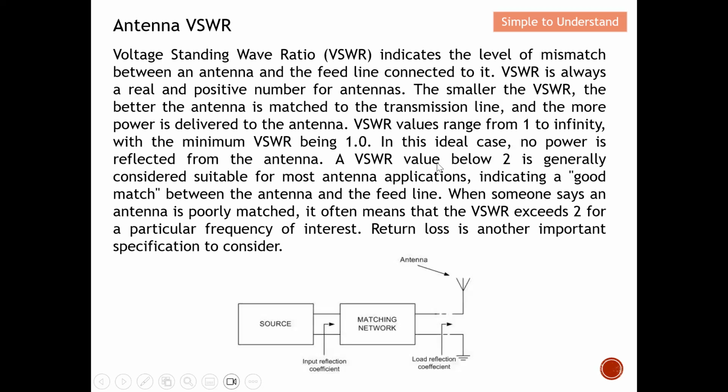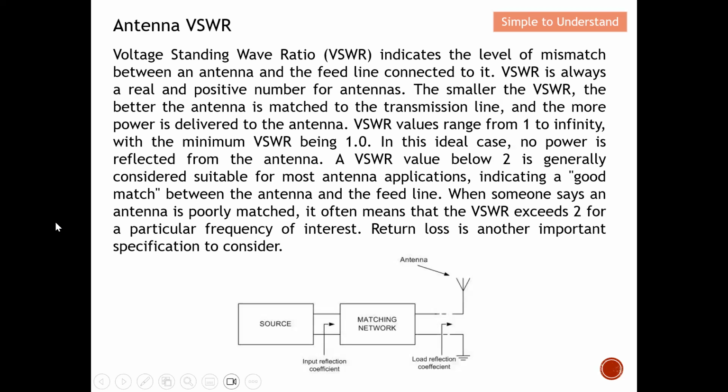A VSWR value below 2 is generally considered quite good for most antenna applications. This indicates a good match between the antenna and the feed line. In fact, 2 is a very harsh number, but let's take it that a VSWR below 2 means that it's well matched between the antenna and the feed line.